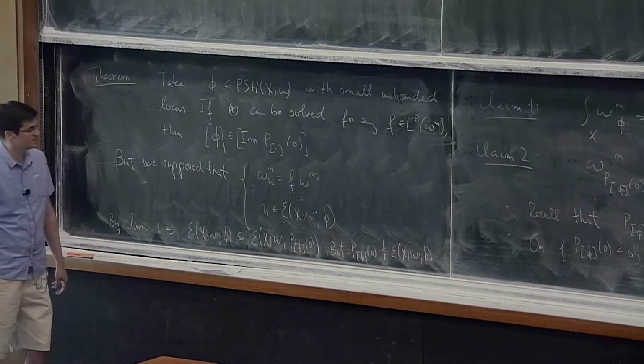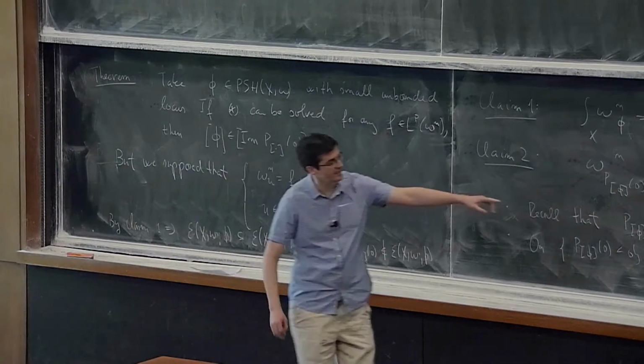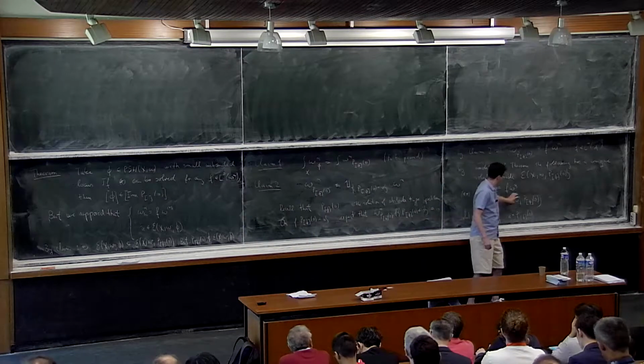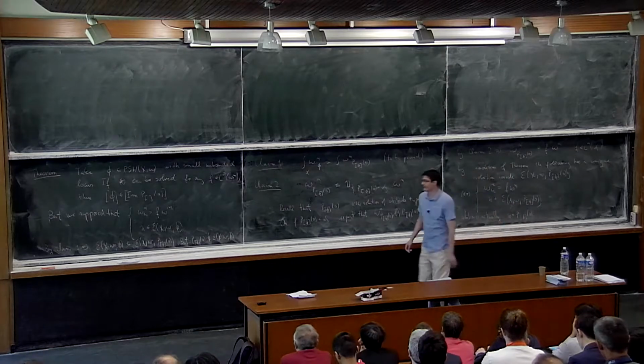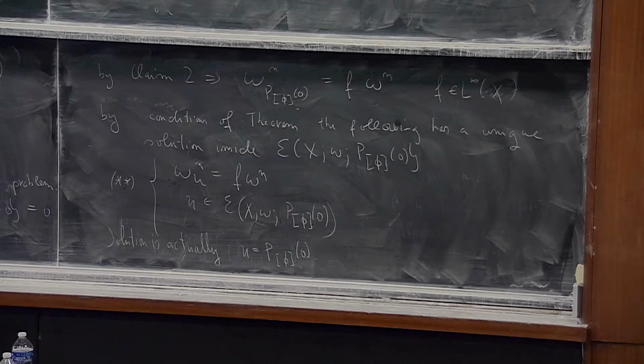But then I reach a contradiction. Then I cannot solve this, because I know from here that the only solution of this equation is this one in this bigger class. And then this class is exactly missing the solution.